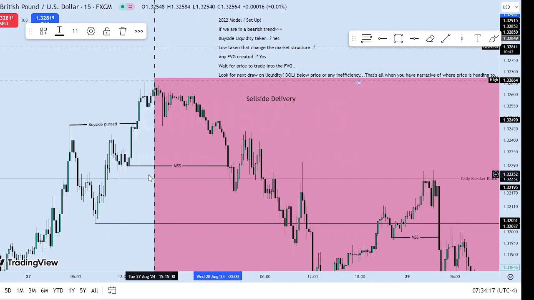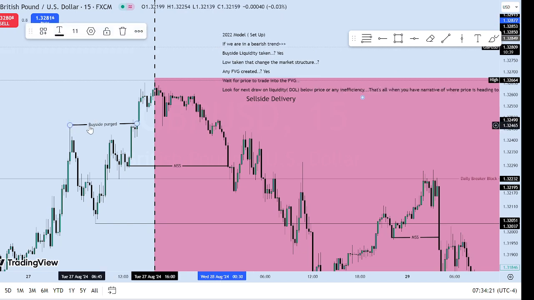So when that occurs, like the buy side is being purged, you wait for price to take the low, and here becomes our breaker block. Then, is there any fair value gap created? Buy side liquidity taken, yes. Low taken that changed the market structure, yes.